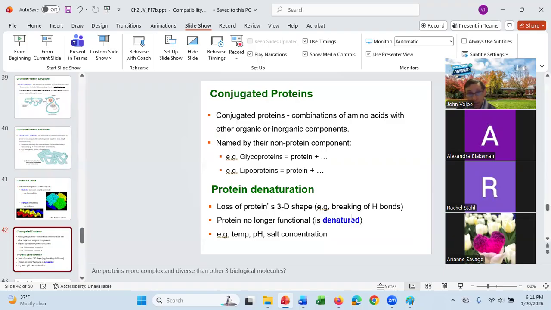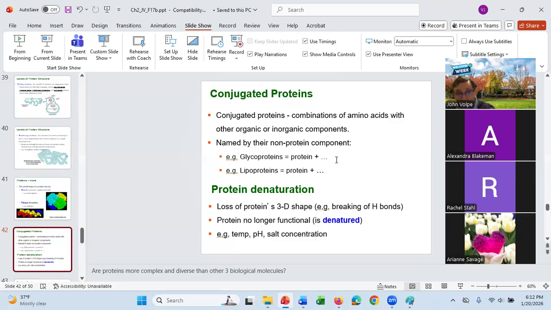These conjugated proteins are named by their non-protein component. Like a glycoprotein is a protein added onto a glycogen, or glycan. A lipoprotein is a protein combined to a lipid, and you can find a lipid protein molecule in your blood. You can find glycoproteins in your blood and on your cell surfaces too. Any question about any of that?